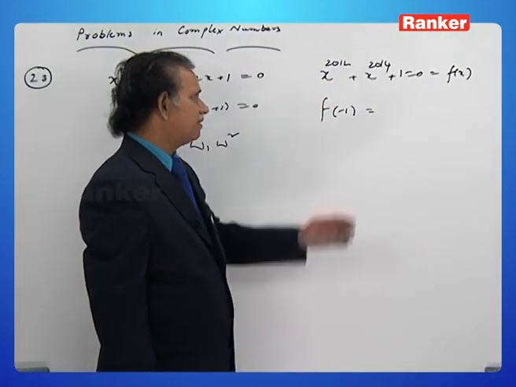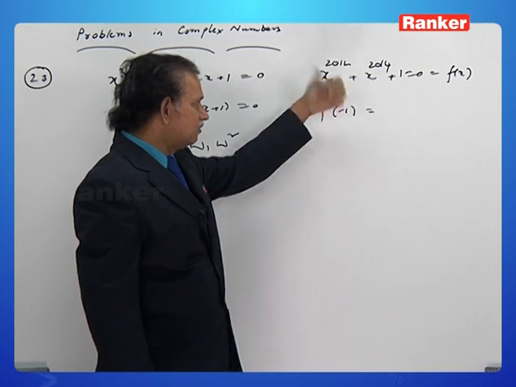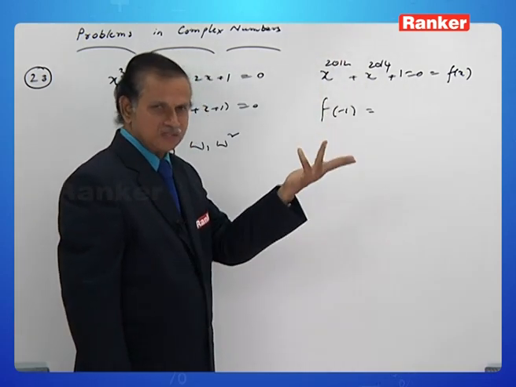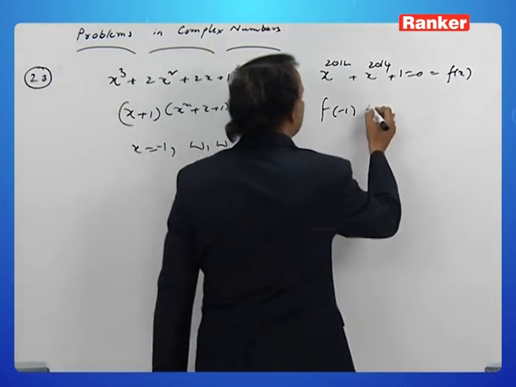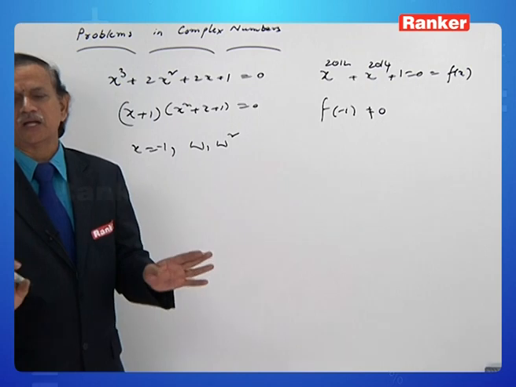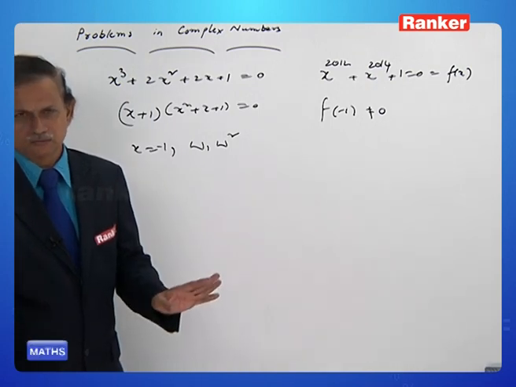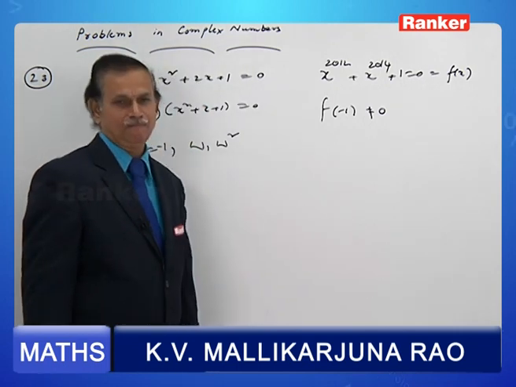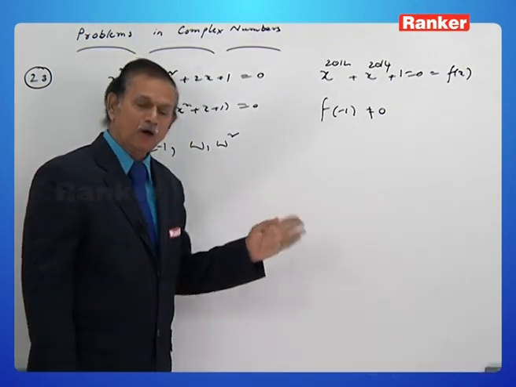Minus 1 whole power an even number is 1. 1 plus 1 is not 0. Hence minus 1 is not a common root. Omit it. Only two possibilities are there: omega and omega square.